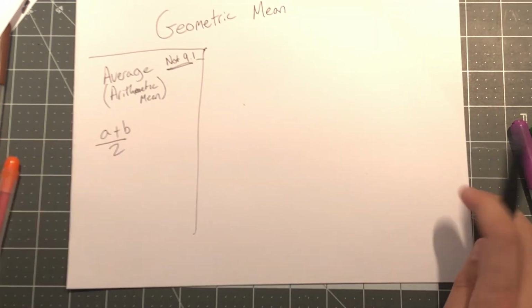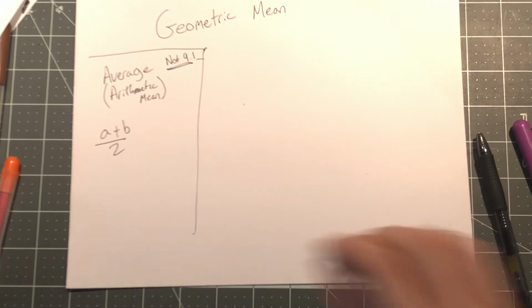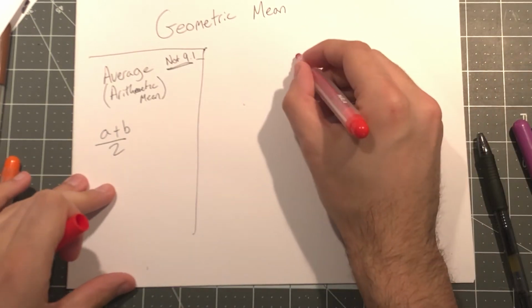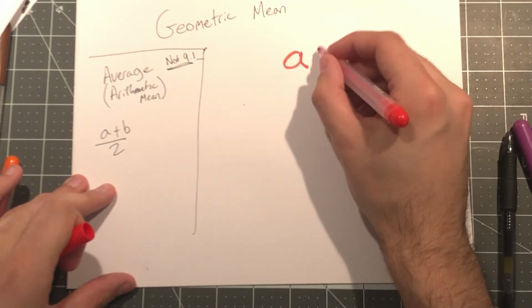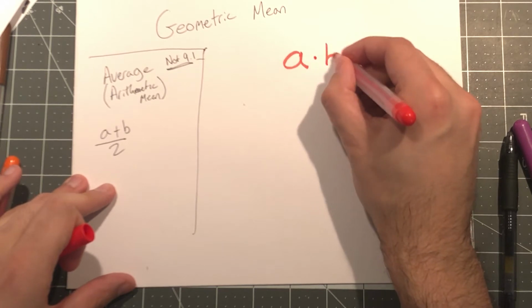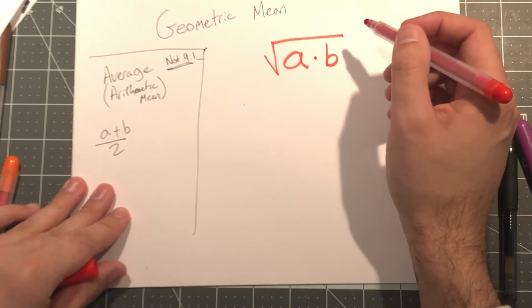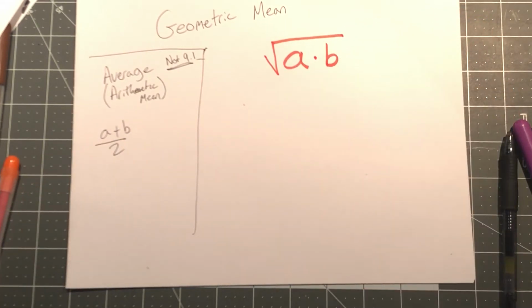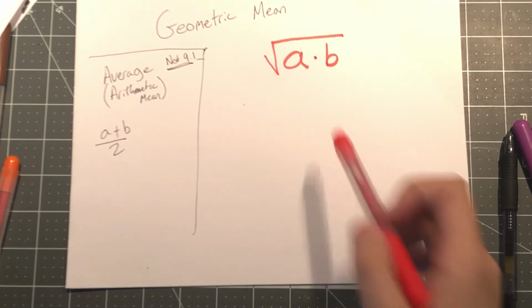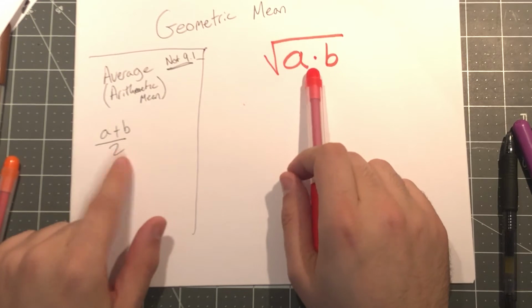So instead of adding two numbers and then dividing by 2, what we're going to do is we'll take two numbers, let's say a and b, and we're going to multiply them together and then square root them. All this is finding a different ratio of these numbers. It's not more or less arbitrary than this.